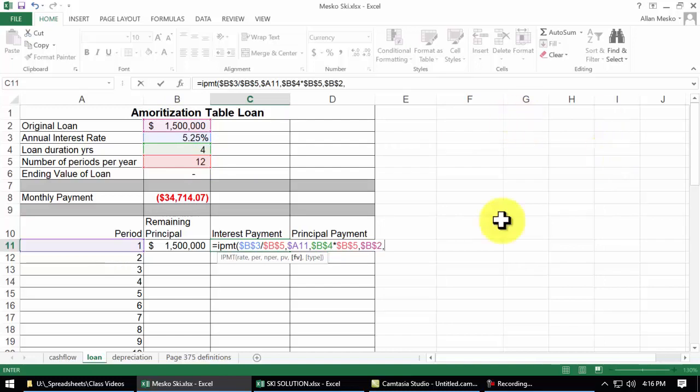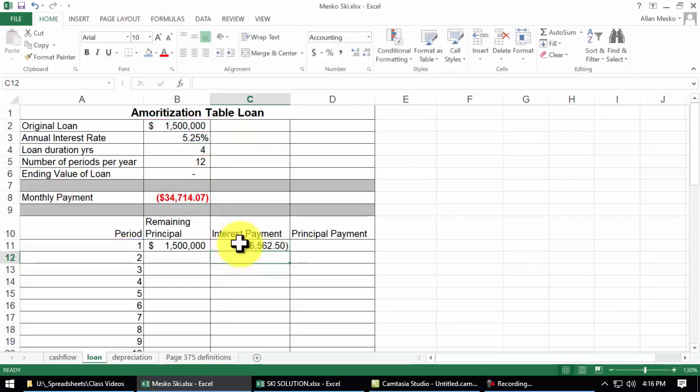And our future value for the entire loan is this much. And we're making our payments at the end of the period. So this says our interest is about $6,500, a little more than that for period 1. If we copy that down, it says for period 2 you ought to owe less interest for period 2.